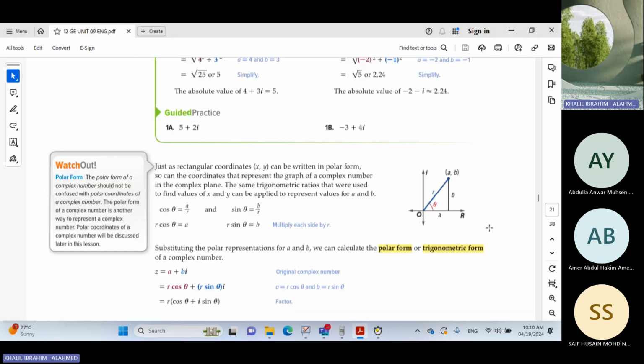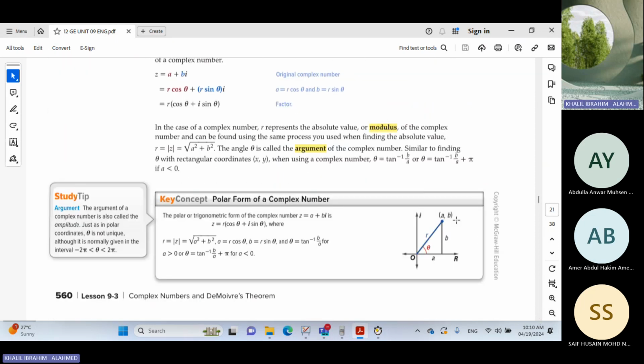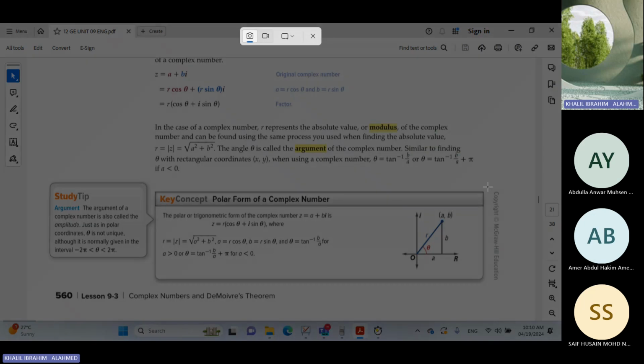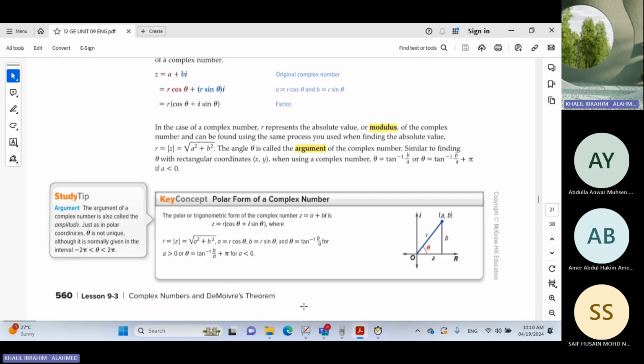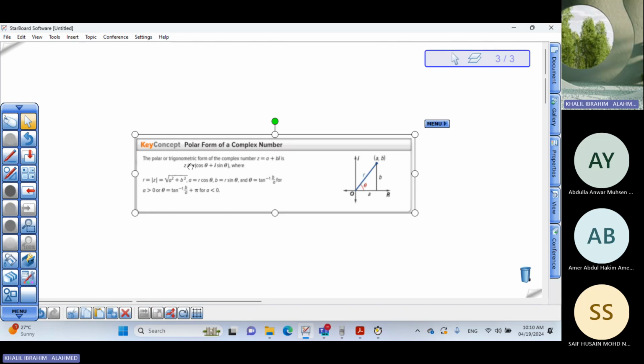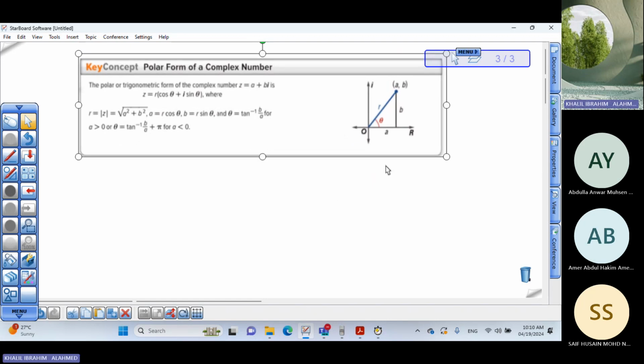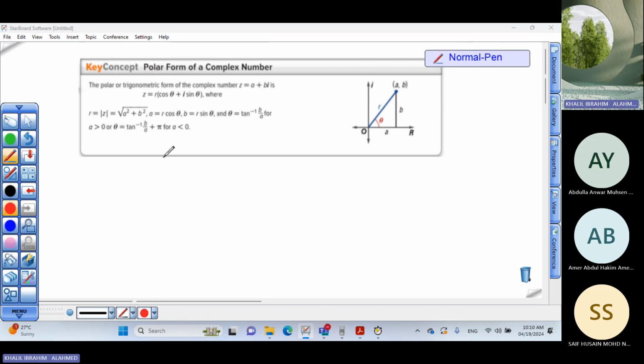Okay, let's move to the next idea here: how to convert to polar or trigonometric form. Okay, the same meaning. As you see here, this is the formula. Be careful about this. The same ideas that I showed you in polar and rectangular coordinates.